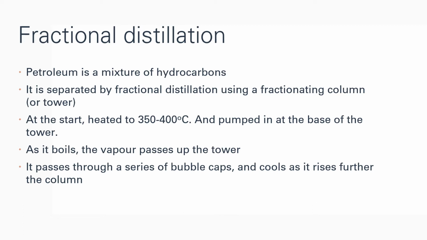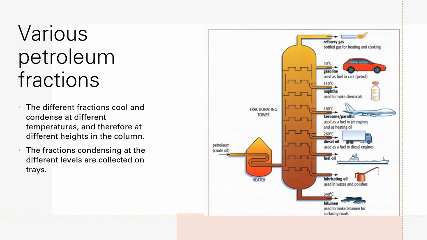It passes through a series of bubble caps and cools as it rises further up the column. Various petroleum fractions: the different fractions cool and condense at different temperatures and therefore at different heights in the column. The fractions condensing at the different levels are collected on trays.